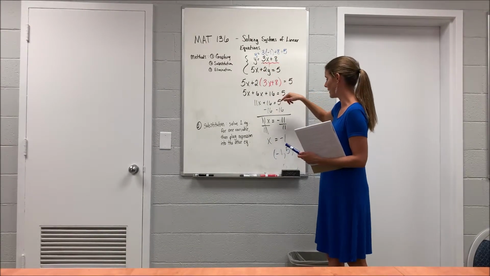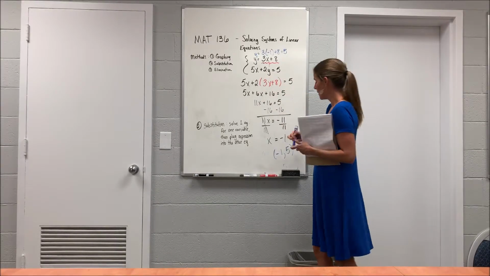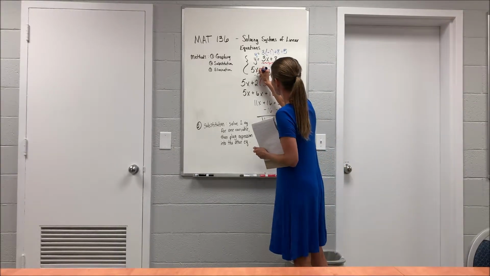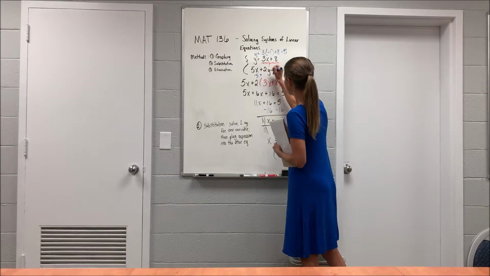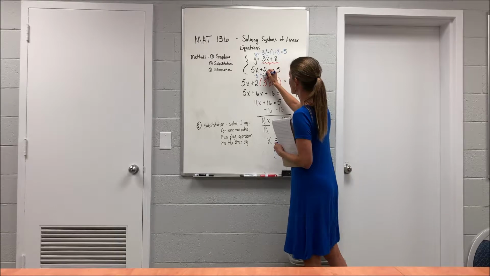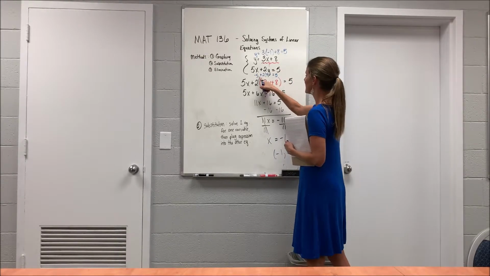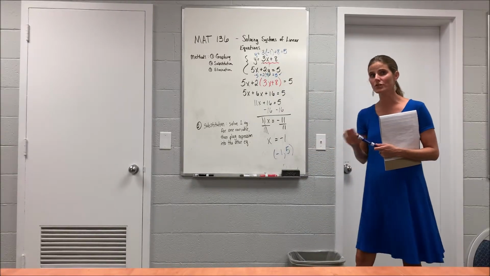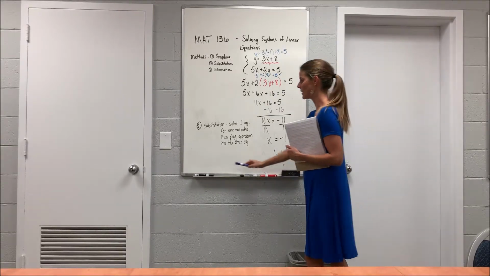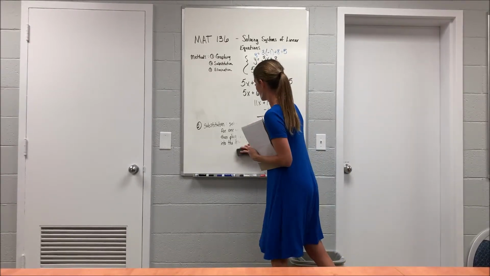We'll plug this in here too. 5 times negative 1 would be negative 5, and then plus 2 times 5 would be 10, and negative 5 plus 10 does indeed equal 5. So we can do a quick check there to know that we got the right answer. And I would encourage you to do that for all of these problems.